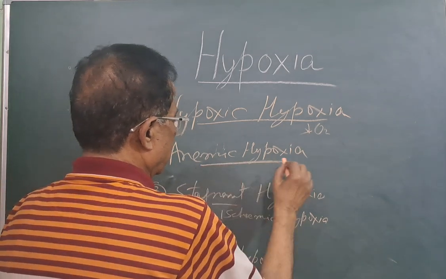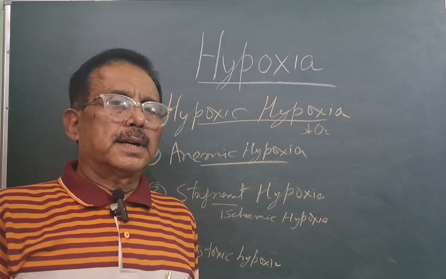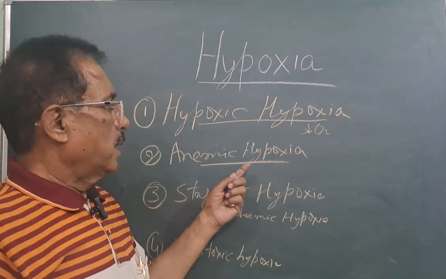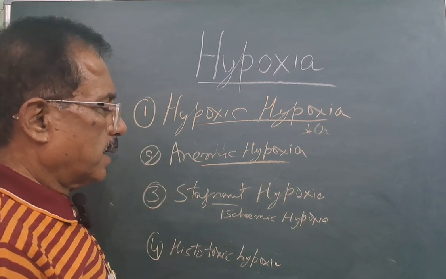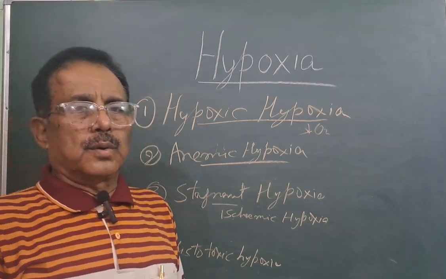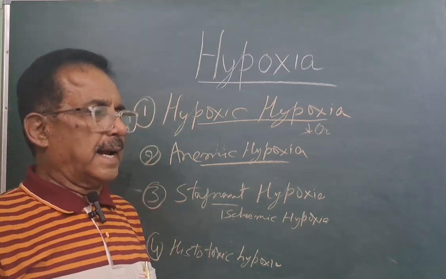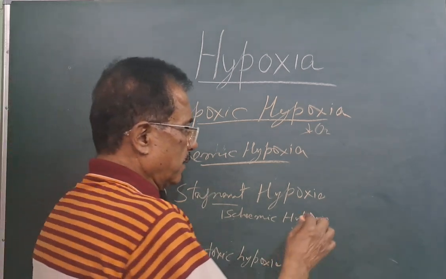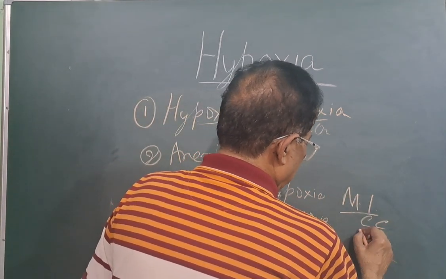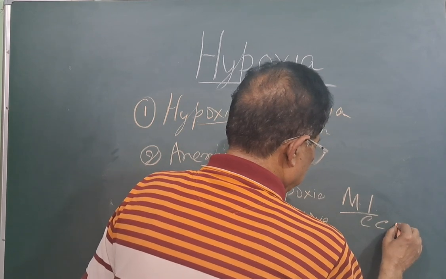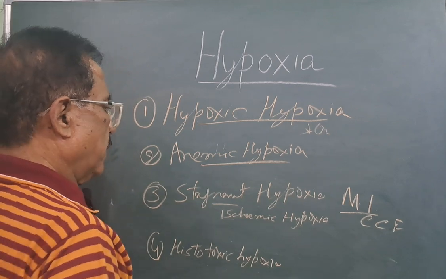Second is anemic hypoxia. Anemic hypoxia means due to anemia, the oxygen carrying capacity of blood is low and therefore hypoxia will occur. Then stagnant hypoxia or ischemic hypoxia. Blood is not flowing through blood vessels, it may be local or generalized. For example, myocardial infarction or congestive cardiac failure.